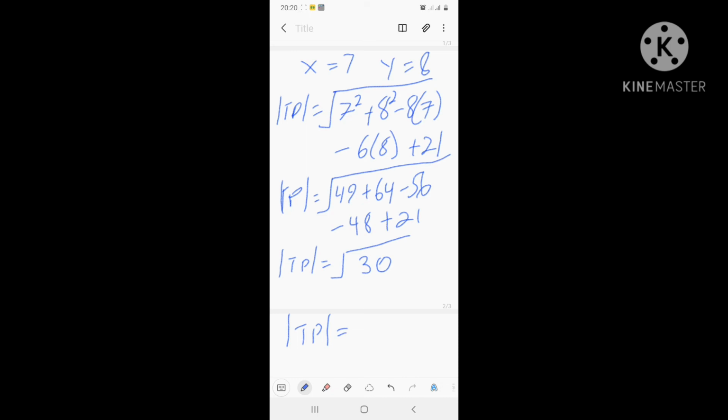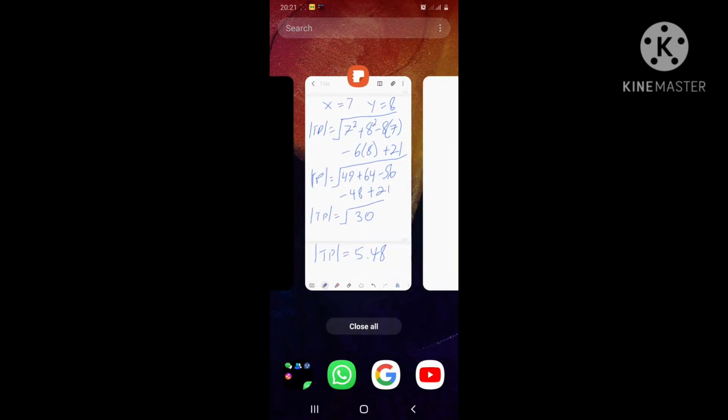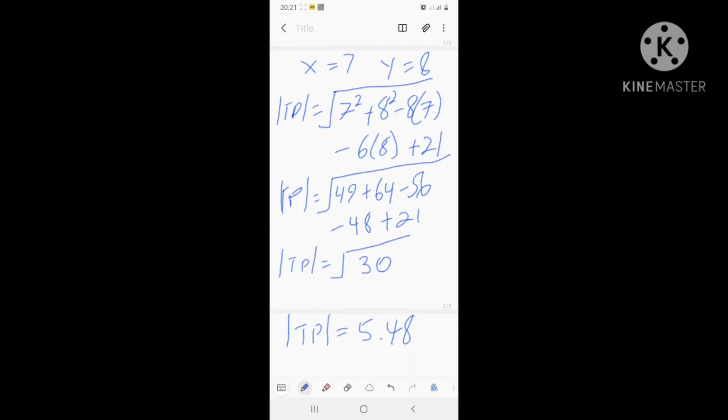Let me check on the calculator. The square root of 30 is 5.477, so you get 5.48. So the length of the tangent is 5.48.